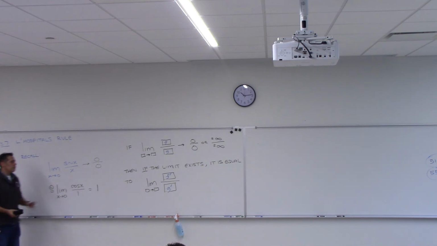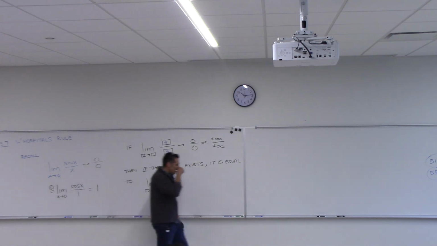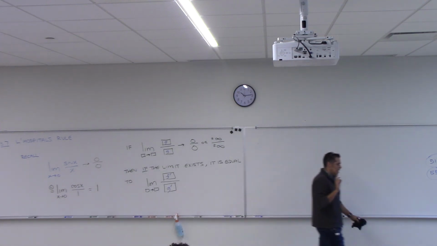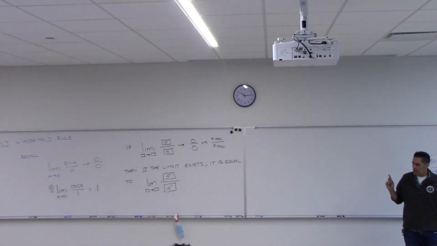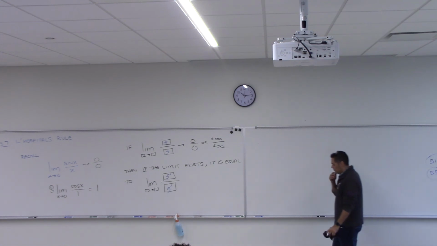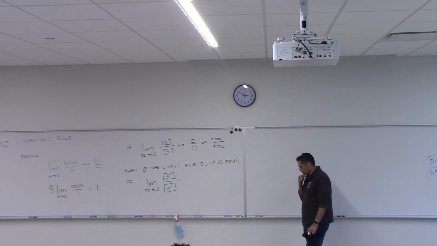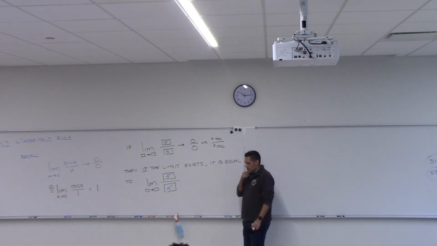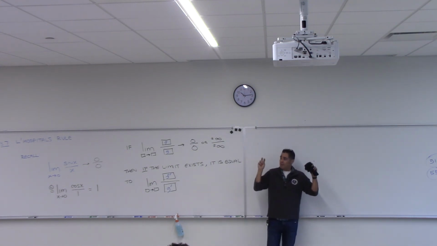Now, I'm not going to prove this rule. I haven't thought about this in a while. I think I'm confusing this with something else. There was some rule where the person who's got the name for the rule actually didn't create it.